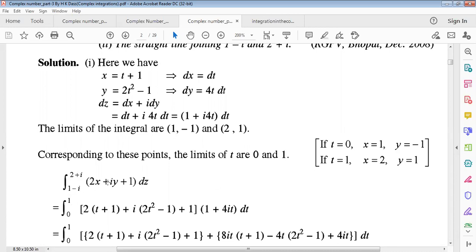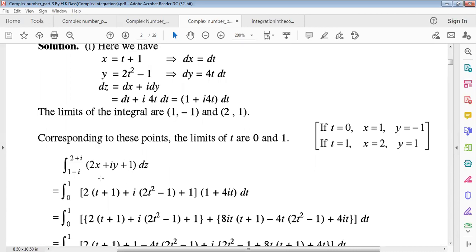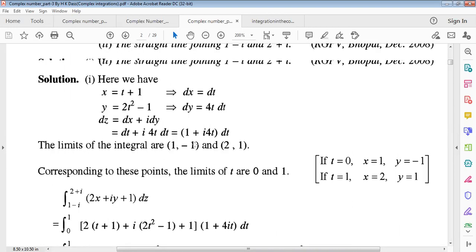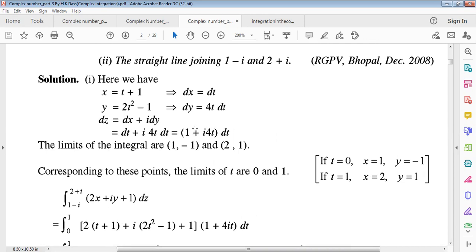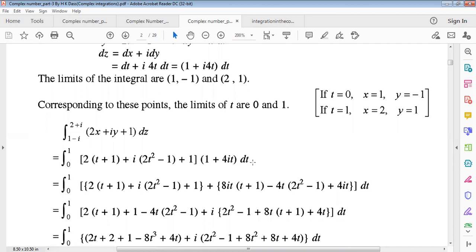And with this limit for t, we are converting this whole complex function to the one parameter t. So x equals t plus 1, y equals 2t square minus 1, and dz equals 1 plus 4it dt. Dx equals dt only, dy equals 4t dt. All terms are in t.